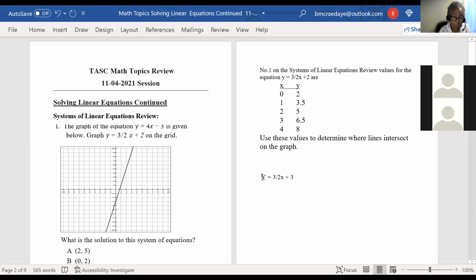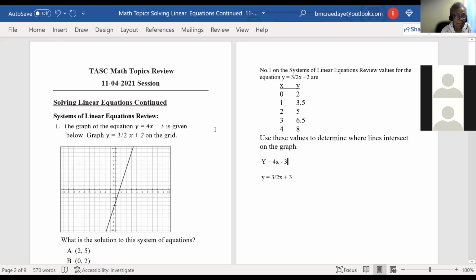Yes, that's number one. I thought you had given me different numbers, 2 and 5, 0 and 2. So Maureen, what are we finding for y? You were given a graph, and the straight line represents y equals 4x minus 3.